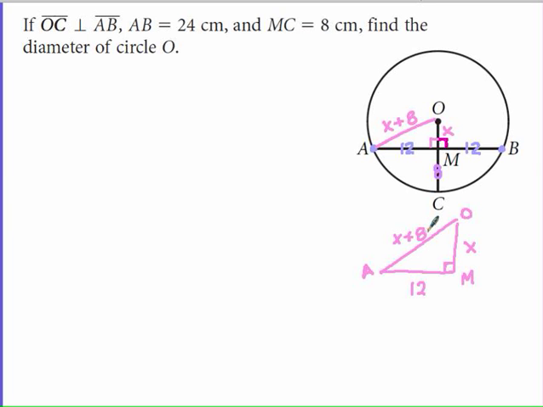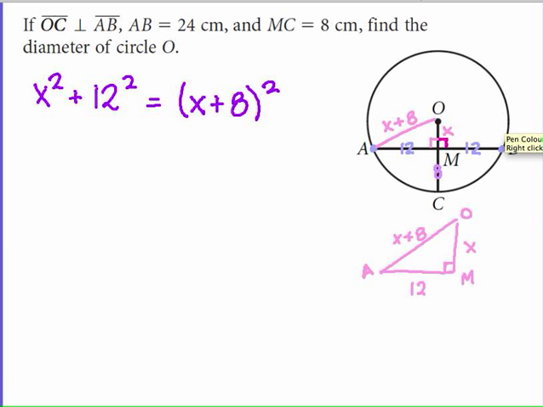So I'm going to use my Pythagorean theorem here. Pythagorean theorem in this case will state that X squared plus 12 squared, 12 squared, not 12x, equals x plus 8 quantity squared. So I'm going to solve that.